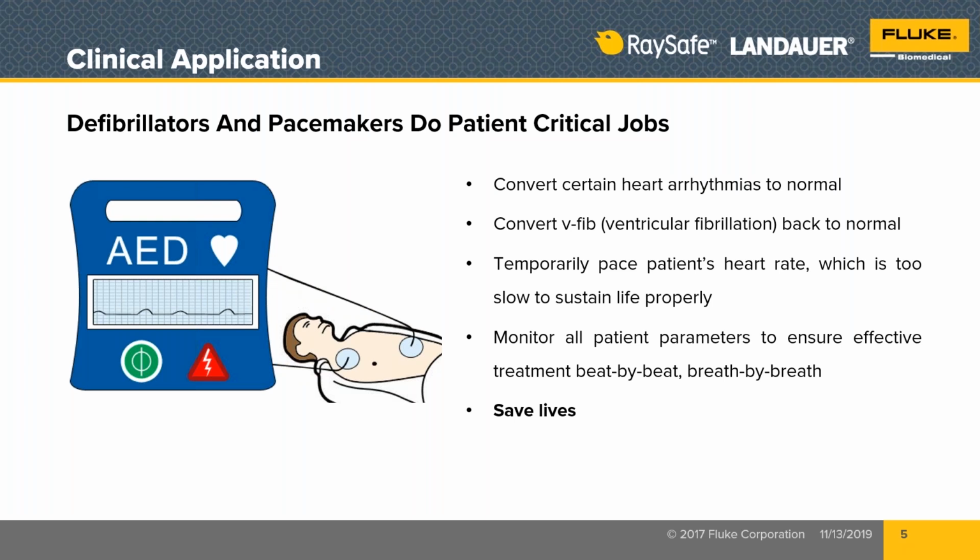The defibrillator is there to convert ventricular fibrillation, or VFib, back to a more normal heart rhythm. It won't always come back to normal sinus rhythm, but it will come back to a more normal rhythm that will help the patient, because in ventricular fibrillation the heart is just sitting there quivering.